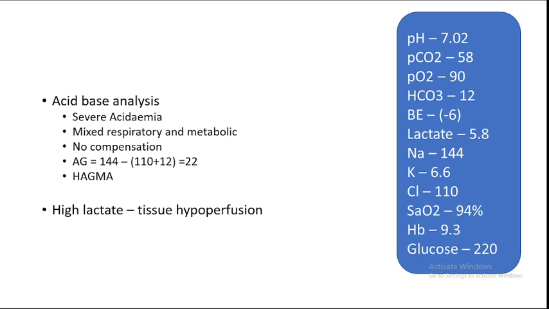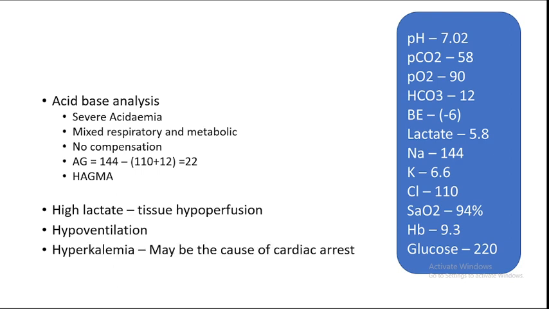So lactate may be one reason for the high anion gap metabolic acidosis. Then carbon dioxide is also high, so there's hypoventilation. The person who is hypoventilating needs to get rid of this carbon dioxide. And there is hyperkalemia. What does that say?